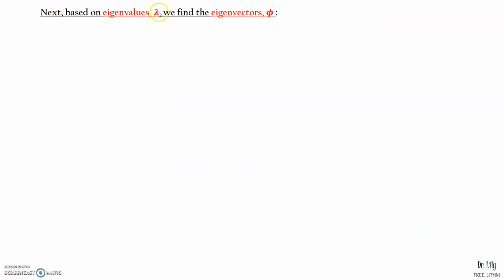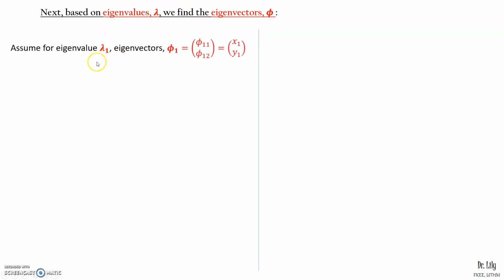Seterusnya, bila dah dapat nilai eigenvalue tadi, kita kena cari eigenvectors. Okay? Assume untuk eigenvalue yang pertama, eigenvector kita katakanlah sebagai V1. So, value dia adalah V11 and V12. Since kita tak tahu apa nilai V, kita assume dia adalah X1 dan Y1. Okay.